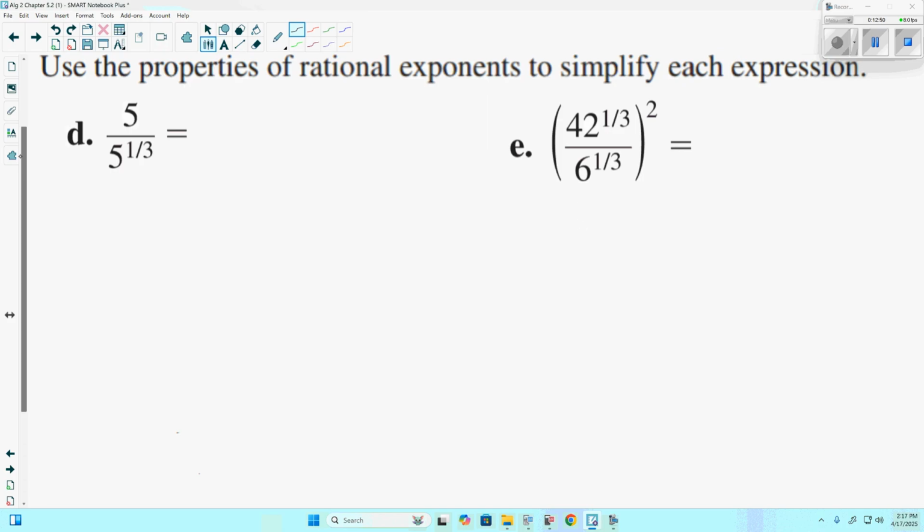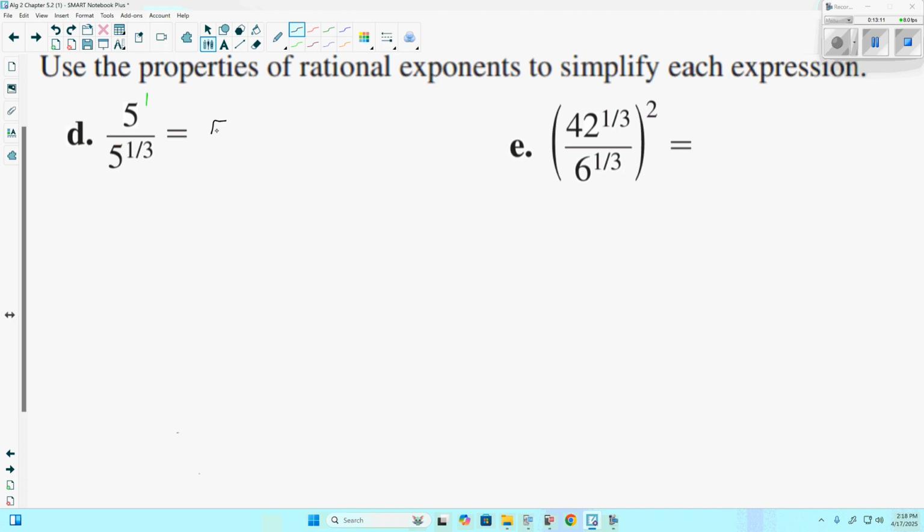D, 5 over 5 to the 1/3. We're dividing two numbers, yes? Are the bases the same? Because the base on top is what? 5. The base on bottom is? Now they didn't write it. What's the exponent on top? 1.